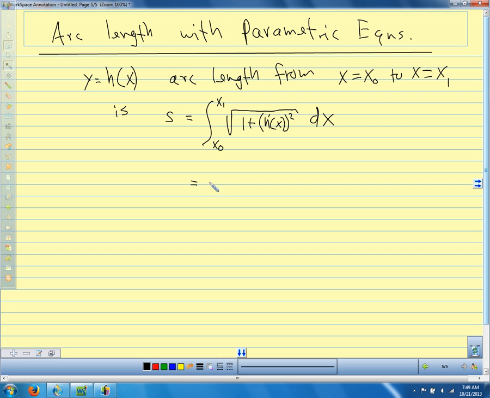I'm going to rewrite that as the integral from x0 to x1 of the square root of 1 plus dy/dx squared dx. Now we're going to use this formula to come up with our expression for the arc length if we have our curve represented by parametric equations.